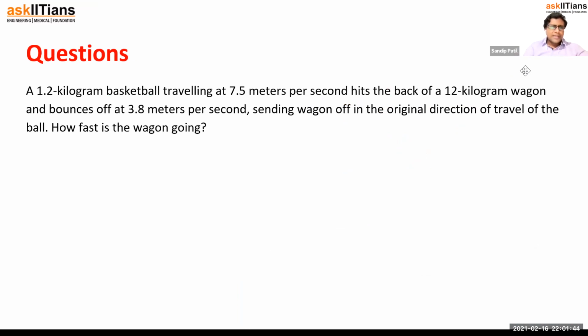The first question says a 1.2 kilogram basketball traveling at 7.5 meters per second hits the back of a 12 kilogram wagon. A wagon is just like a cart, so consider this the cart.